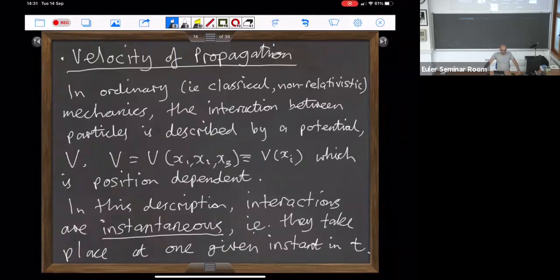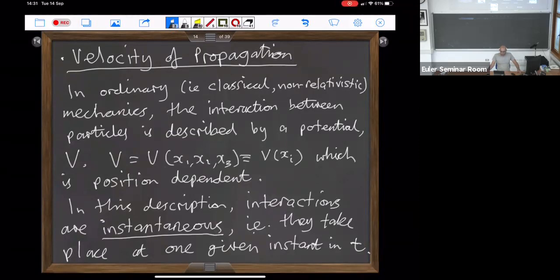Now, in non-relativistic or classical mechanics, as Landau and Lifshitz call it, the interaction between particles or objects is described by a potential, which is some function of the space coordinates, x1, x2, x3, or x, y, z. Now, in this description, interactions between objects are actually instantaneous.